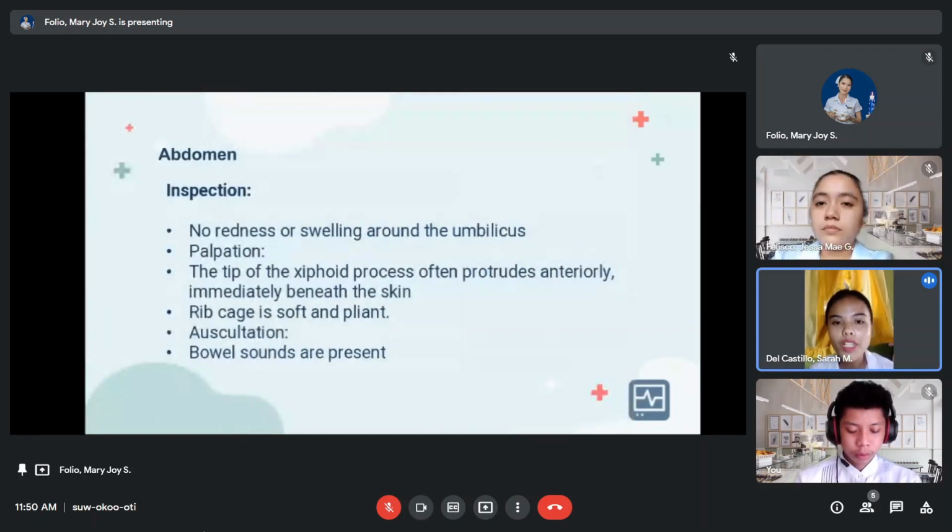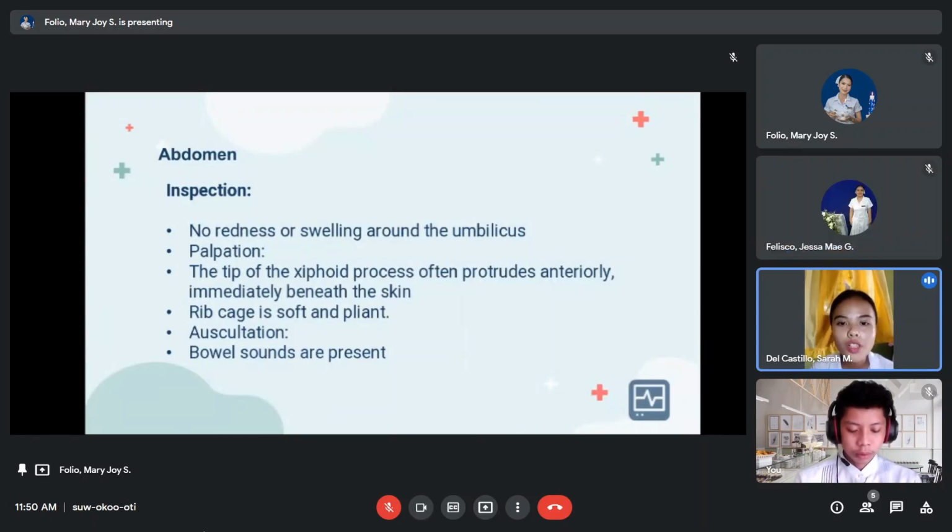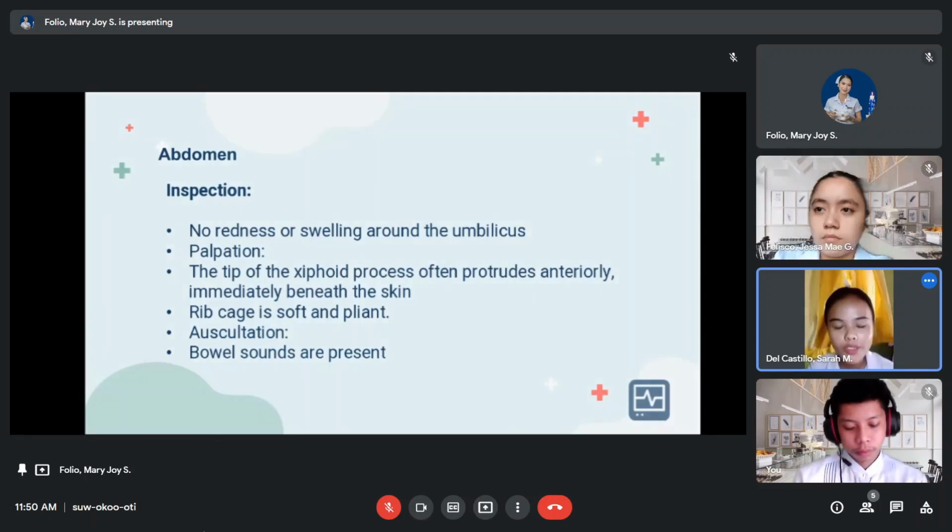For the abdomen, upon inspection, no redness or swelling around the umbilicus. Upon palpation, the tip of the xiphoid process often protrudes anteriorly, immediately beneath the skin. Rib cage is soft and pliant. Upon auscultation, bowel sounds are present.